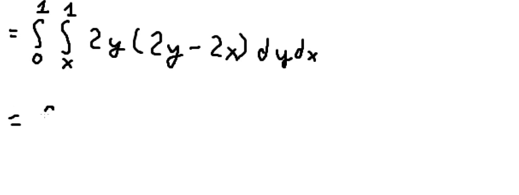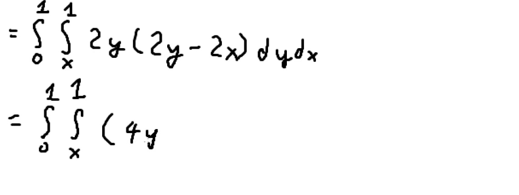Now we need to expand. 2y with 2y, we have 4y squared. 2y with negative 2s, we have negative 4sy.